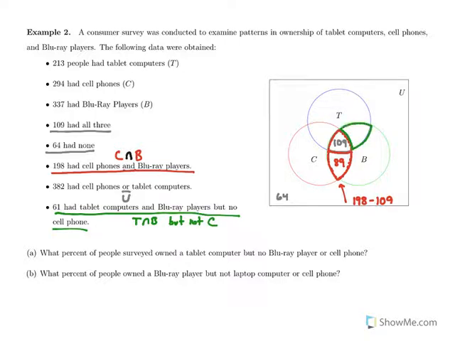That's intersecting T and B, but not that C. So just this chunk right here, and we're just given that that's going to be 61. So we've gotten 4 pieces of the puzzle down. Let's see what else we can do.